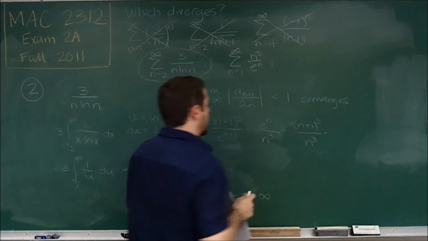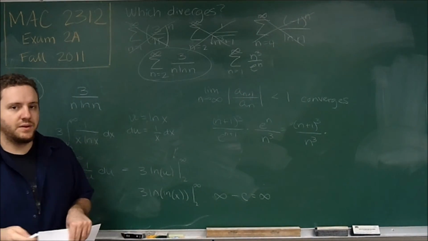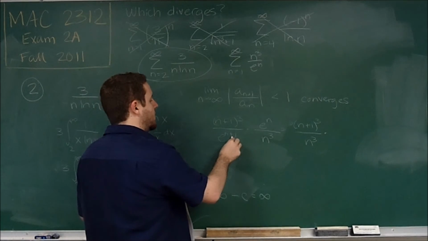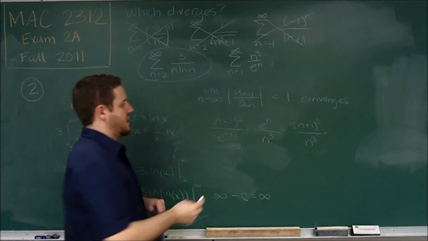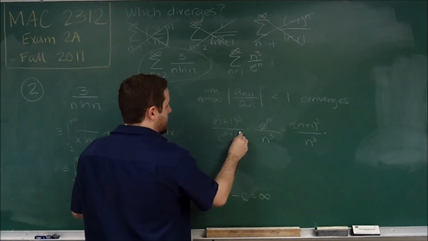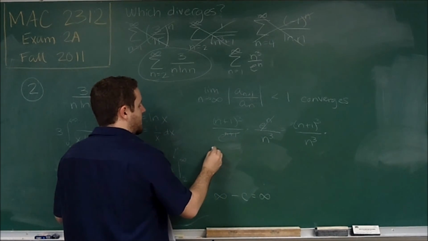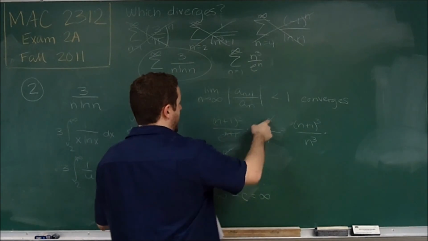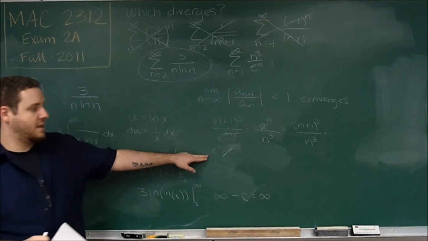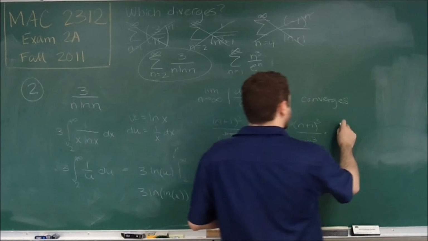I'm grouping the algebraic parts together and the exponential parts together. Now e to the n plus 1, if we have an e to the n on top, that almost completely cancels out. This would be left with just an e, because remember, e to the n plus 1 is like e times e to the n. So that part would cancel out, but we still have an e left on the denominator.